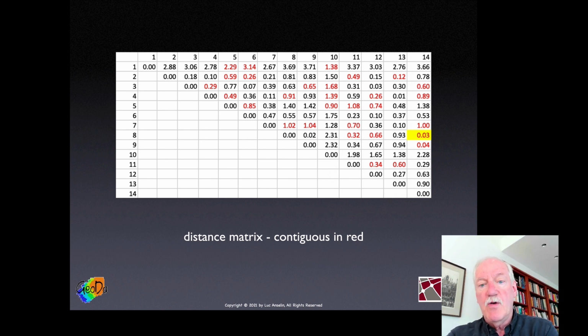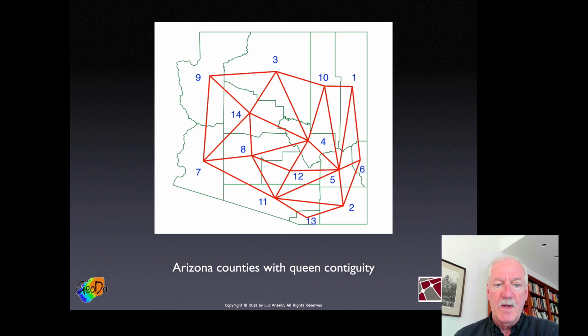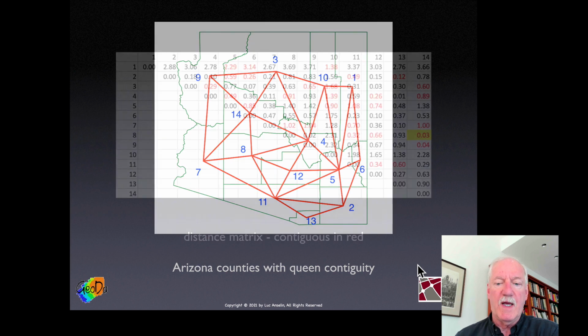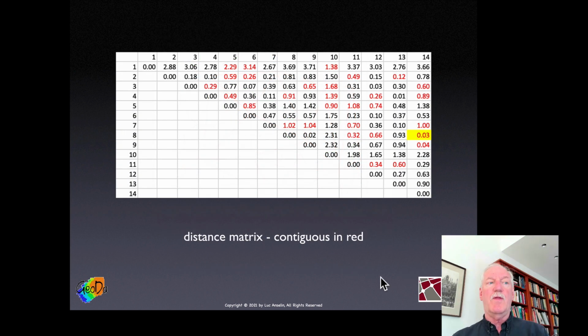Now the difference with the standard approach is that we limit the units that can be combined to those that are contiguous. For example, County 1 is contiguous to 5, 6, and 10. And here's County 1 connected to 10, 5, and 6. To make this explicit, only those cells in the weights matrix that correspond to pairs that are also spatially contiguous are marked in red.